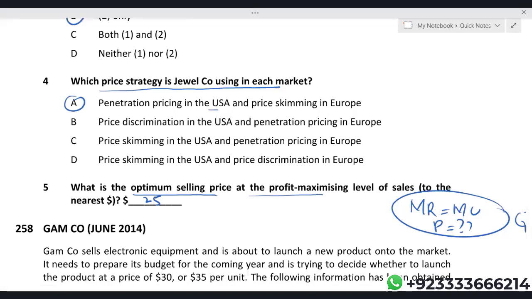Now, students, please listen carefully. We have completed the pricing chapter, and you might have noticed that we are discussing each and every concept of every chapter, including each and every line of the theory. I have not skipped even a bit of theory which is in the syllabus.